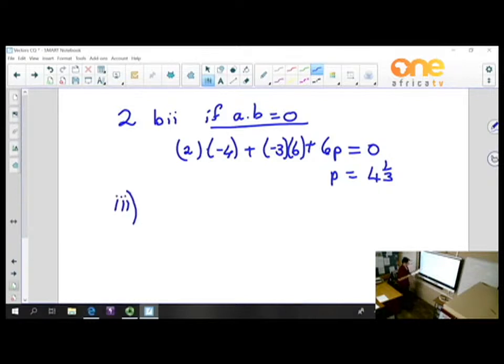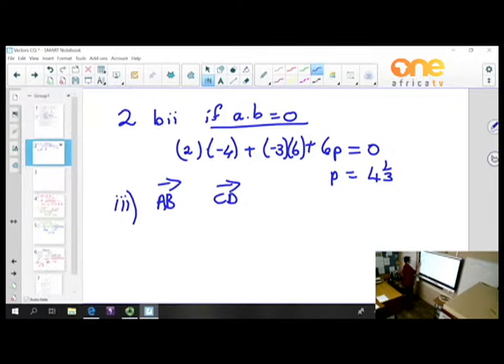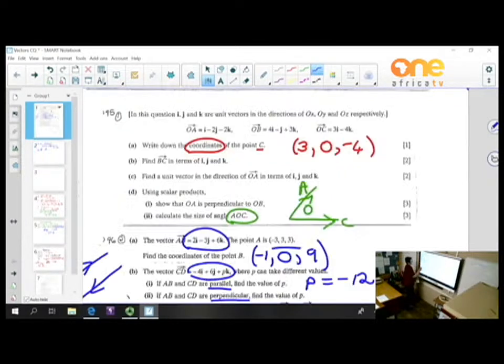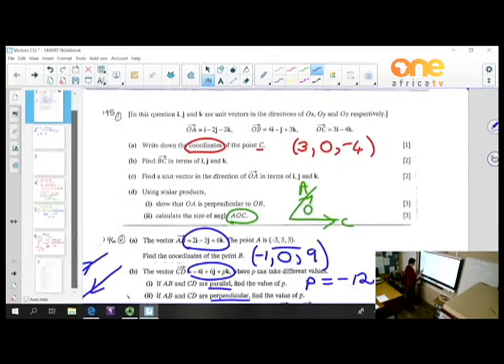And we have to find the angle between AB and CD. So we're going to work with these two vectors, AB and CD. But we don't have them, so we first need to find them. If we go back to the previous question, you can see that we have AB and we have CD, so we can use them.